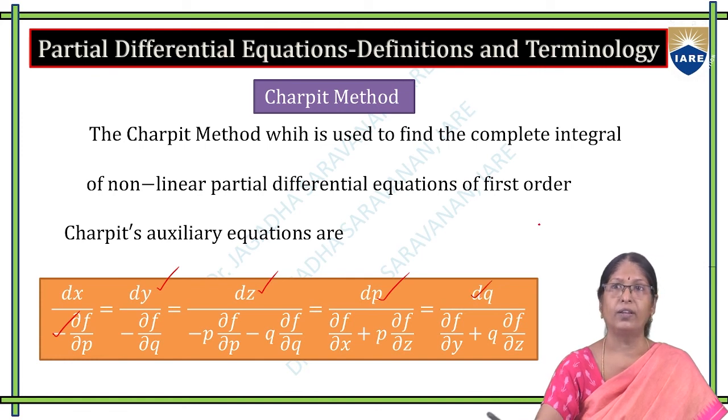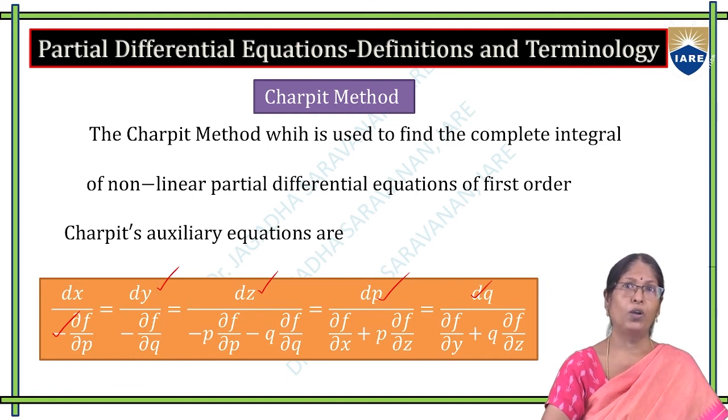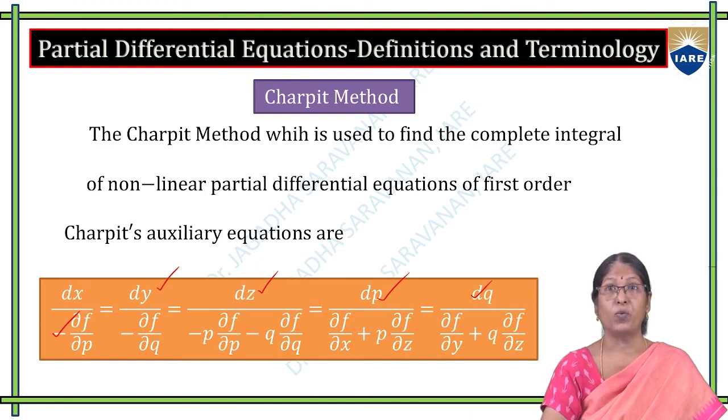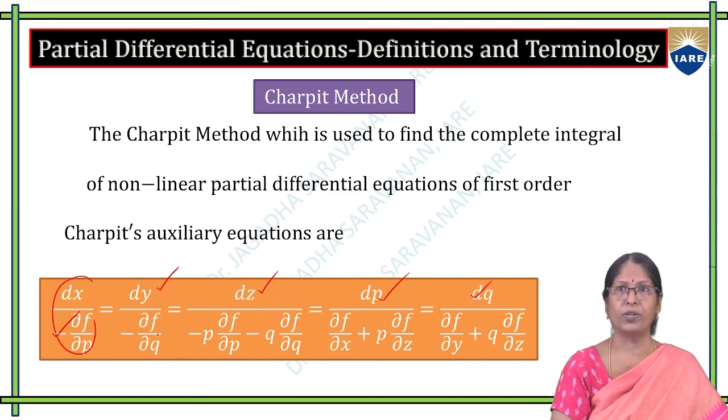The fifth member is dq by dou f by dou y plus q dou f by dou z. So whatever the given equation, if it is non-linear, that is, the degree is not equal to 1, these are the Charpit's 5 members.